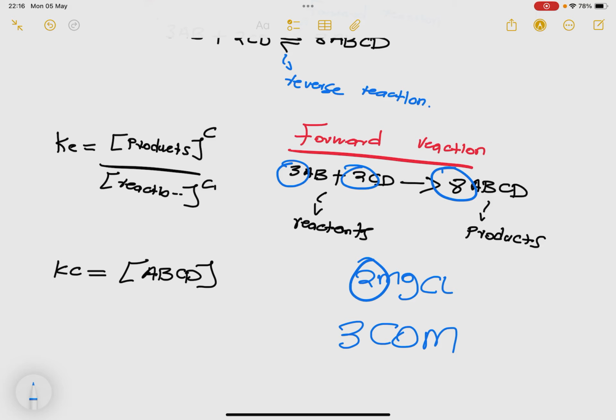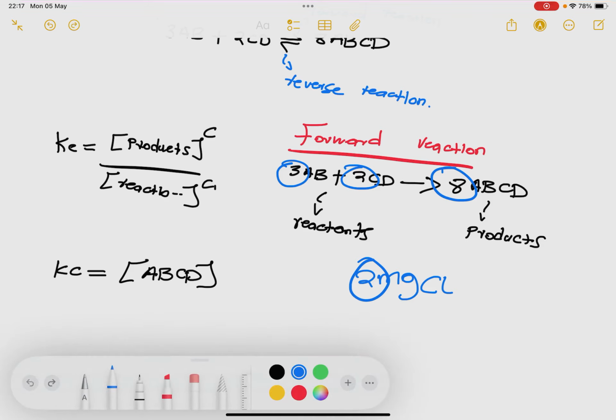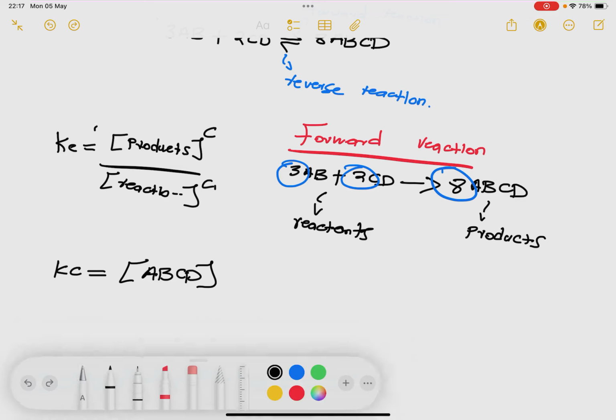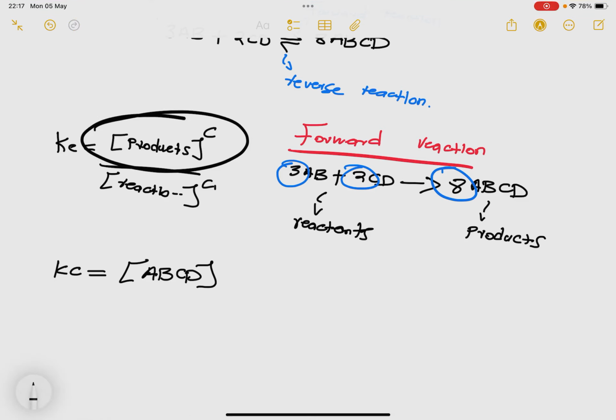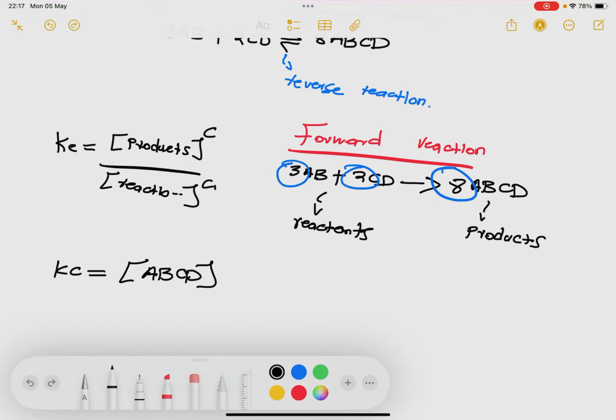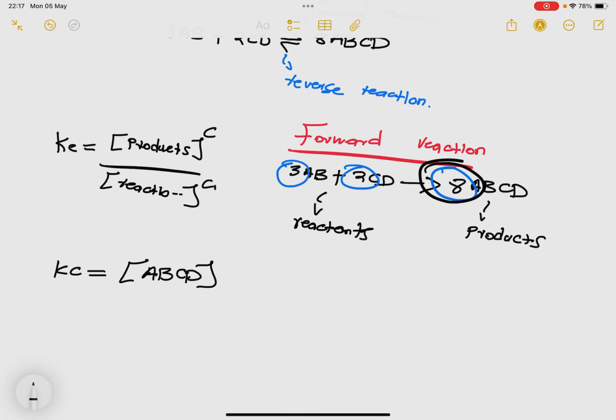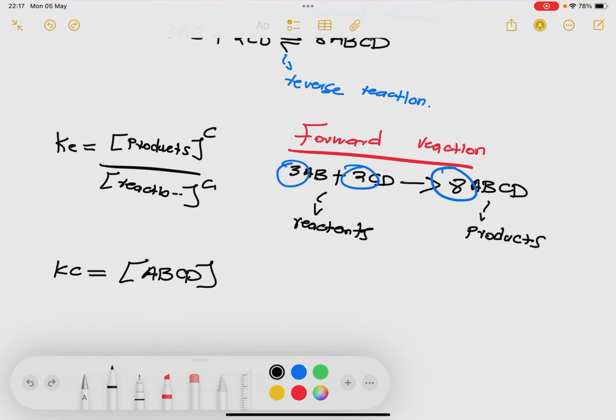I have no idea what I'm saying, but the coefficient here is going to be a 3, right? I guess you get the point of it. So the way you calculate Kc is the concentration of the products, and you raise it to the power of the coefficient. So you're just going to raise it to the power of 8. Does it make sense? Because the coefficient at that point is actually 8, right?